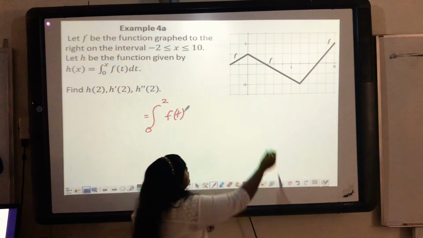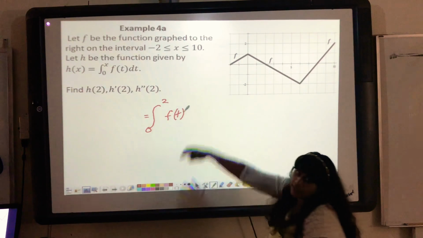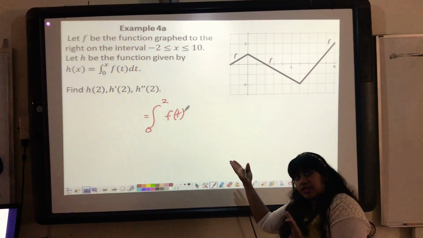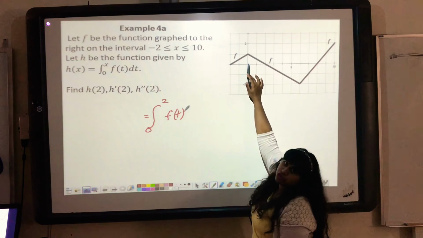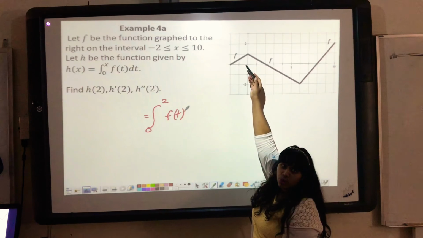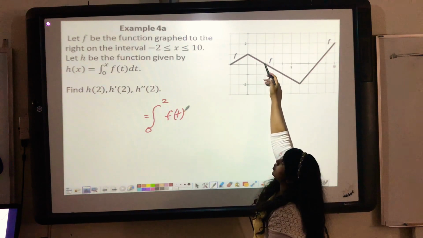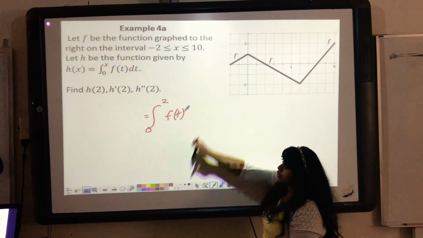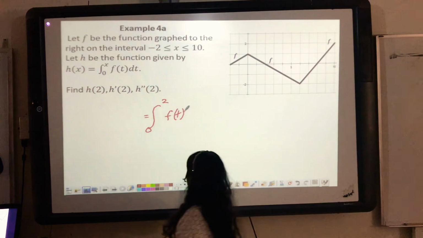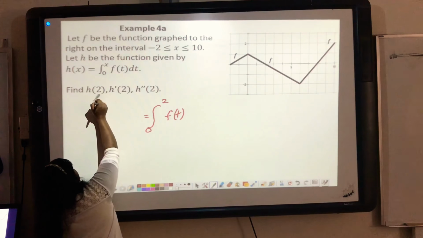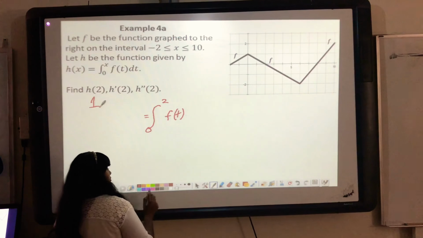From 0 to 2, did I create any shape? Because isn't that what we're doing? Definite integral, area under the curve. Yeah, I created a triangle. Base of 2, height of 1, so 2 multiplied by 1/2, which is my area formula, gives me simply 1. So I know that h of 2 is going to equal 1.